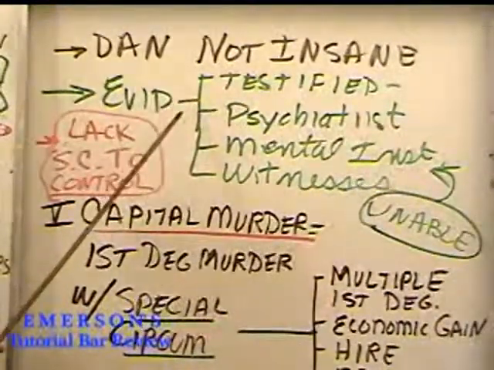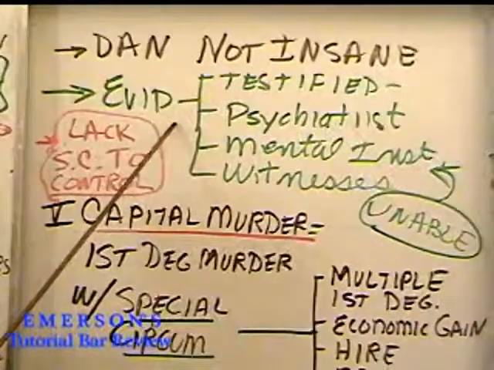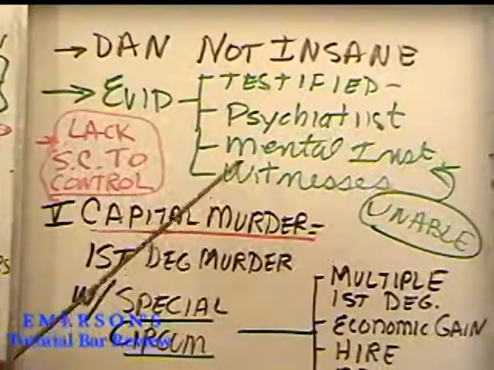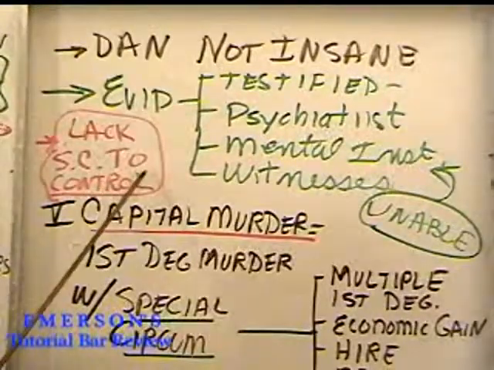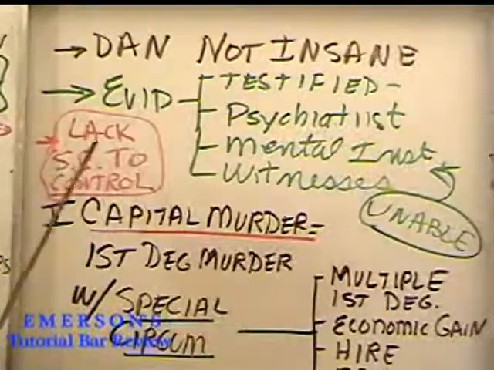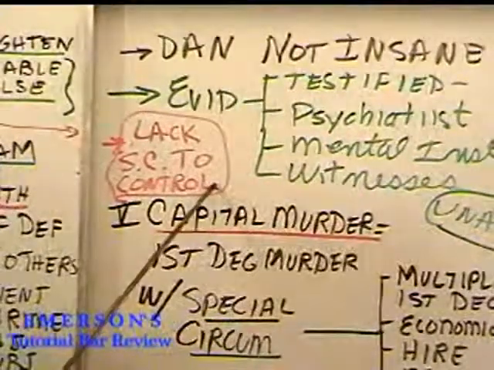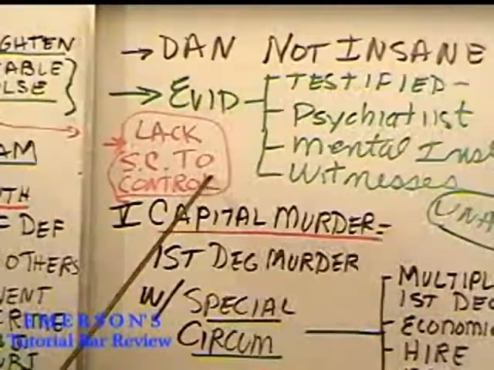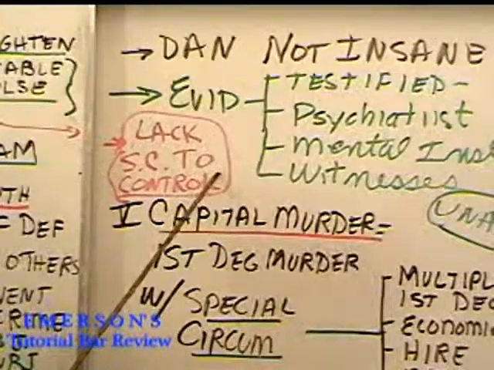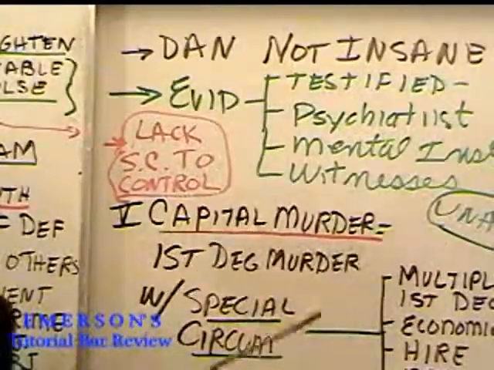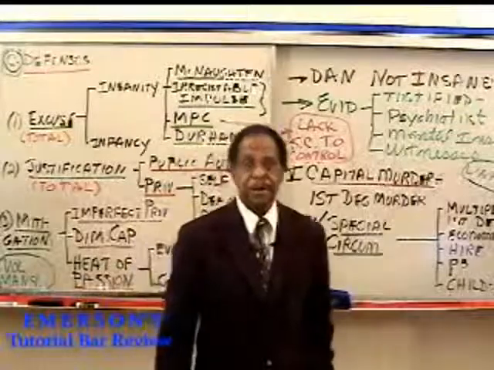I mean, is he really unable to control his conduct? Well, he's got some evidence. But if you go to the Model Penal Code, where all you need is that he lacks substantial capacity to control, we have a better shot at it. So he may be found not guilty by reason of insanity in this kind of jurisdiction. And that is the end of this analysis.